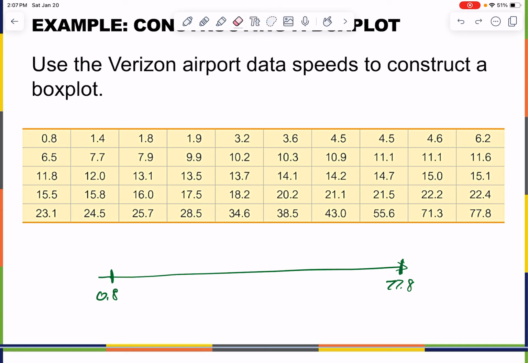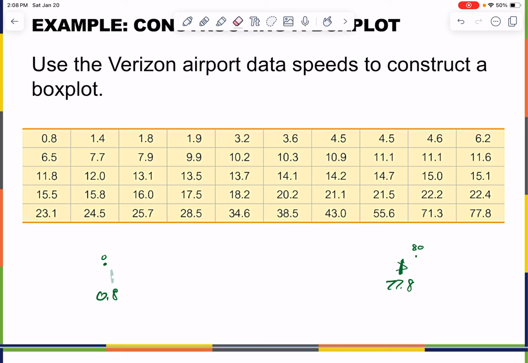Let's just say this one here is going to be 0, and then maybe we'll have 80 right here. I'm just trying to get an idea. So halfway between is going to be about 40.